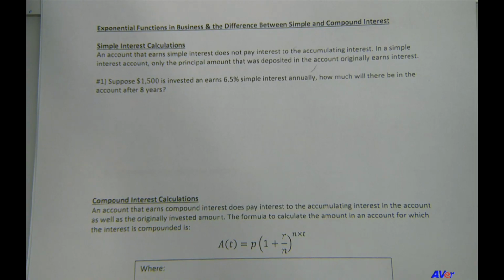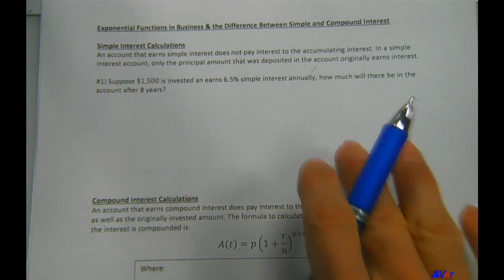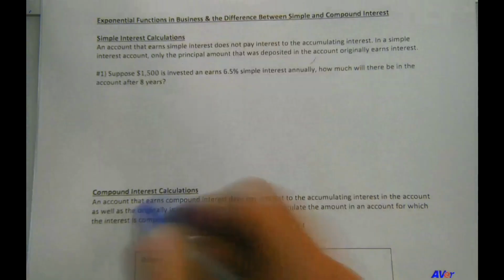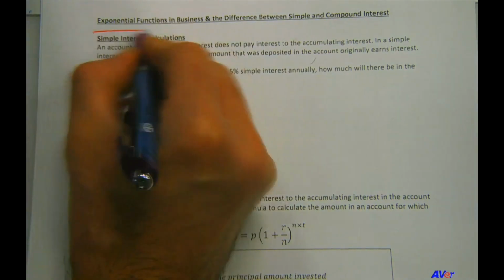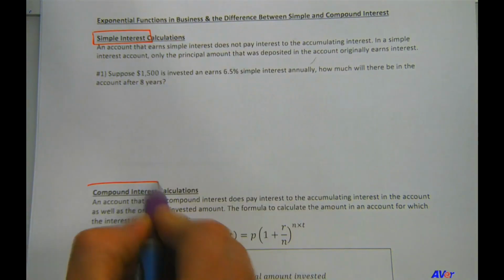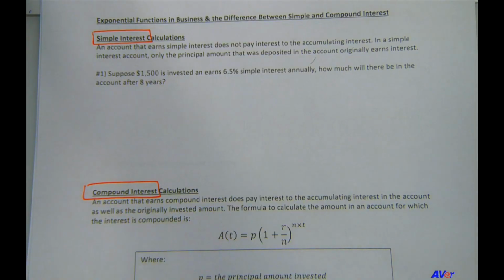Okay? So what's the difference between simple interest rate and compound interest rate? Here we talk about simple interest. This is talking about compound interest. What's the main difference between those two? Well, let's exaggerate to make a point.